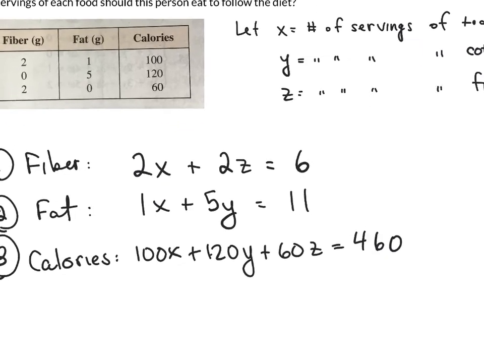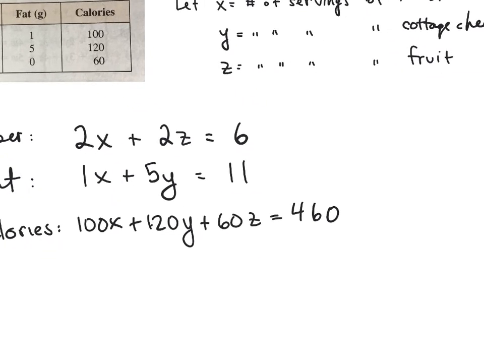So what we have is a system of equations now. Equation 1 shows only 2 variables, x and z, but it's because y is 0 in that case. Equation 2 only shows 2 variables, x and y, because fruit has no fat. And then calories, we have all 3.